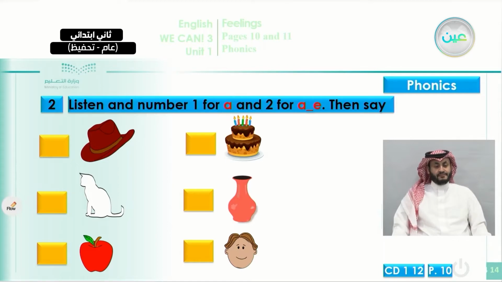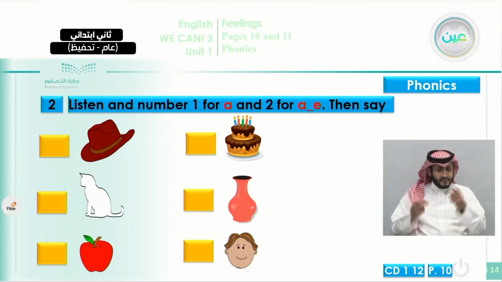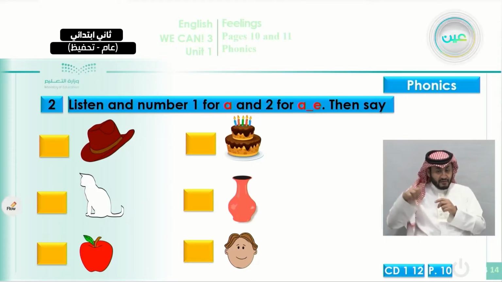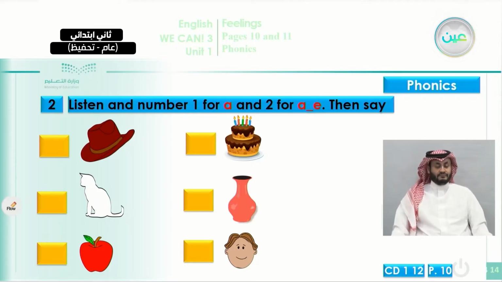You can tell from the first one here, it is a cap, okay, or a hat. And the other one here, you can tell it is what? It is a cat. And the next one here, it is an apple, a cake, a vase, and a face. So let's read and listen to your colleague reading some of the sentences, some of the words, and you need to decide. If the sound is A sound, you write number 1. If it is A sound, you write number 2. Okay, let's listen.